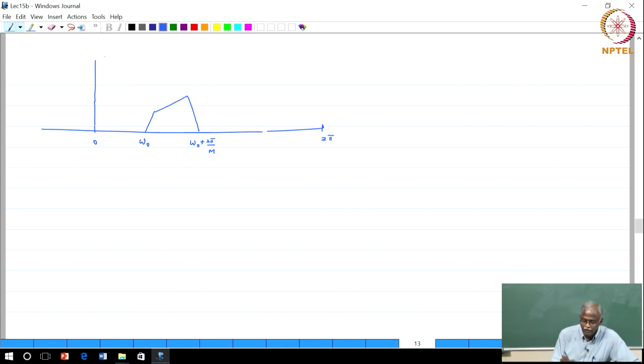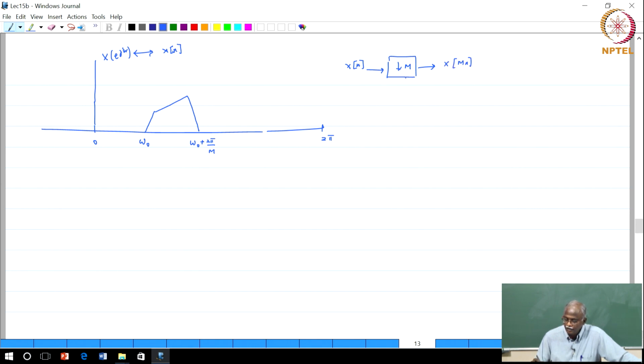So, if I call this X(e^{j omega}), which corresponds to some x of n, and I downsample this signal by a factor of m, getting x of mn, will there be aliasing?